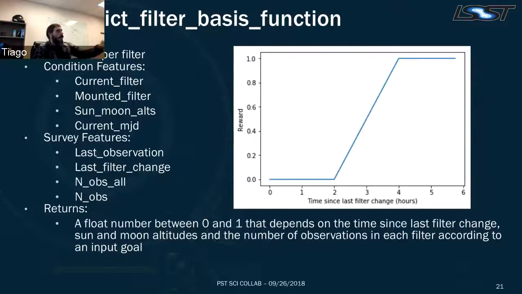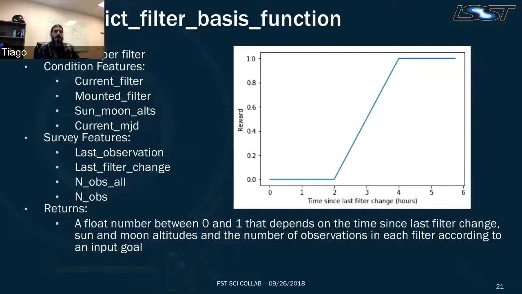So you see that in the conditions features, we have the current filter and the mounted filters, so we can make sure that we're not proposing a filter that's not on the carousel, not on the camera. We use the sun position, so we can promote filter changes: at the beginning of the night it will be twilight, and then once the sky is dark enough, we can promote a change in the filter. And the same thing at the end of the night.